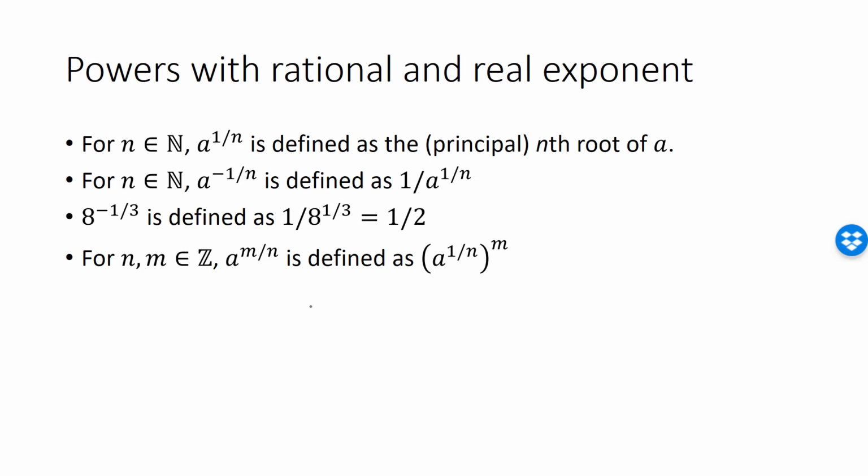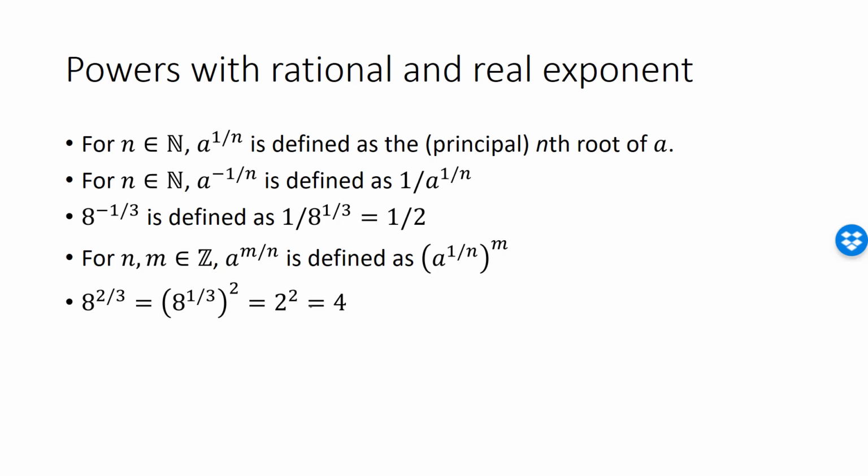The power rule is a result when exponents are natural numbers, and we use it to create a definition when exponents are rational numbers. Here is another simpler example. 8 raised to 2/3 is equal to the square of the cube root of 8, or 2 squared, which is 4.